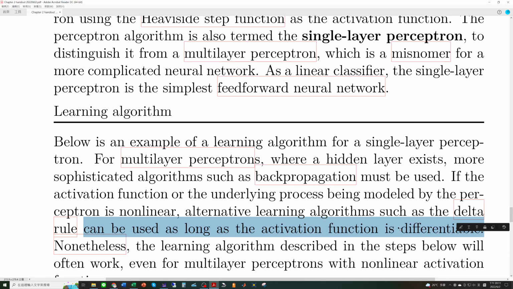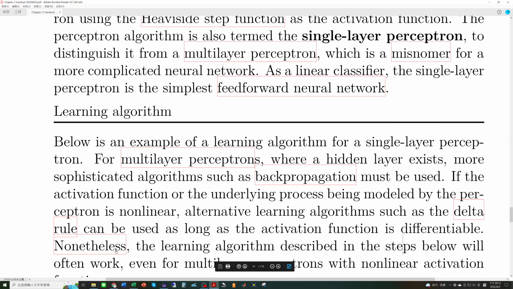I think you already know what a differentiable function is because you have taken the calculus course. Nonetheless, I will explain the meaning of the word nonetheless later.